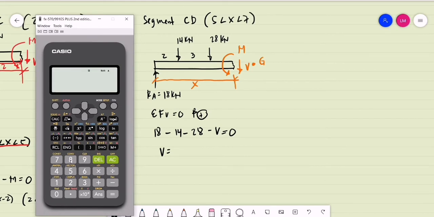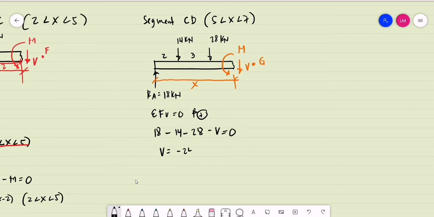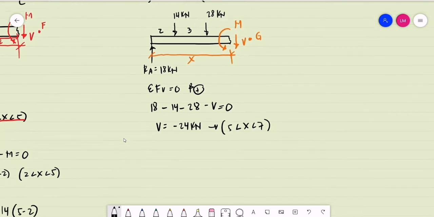That is 18 minus 14 minus 28, and that is equal to a value of negative 24 kilonewtons. So this is for the interval 5 is less than x less than 7 meters, or the segment CD.